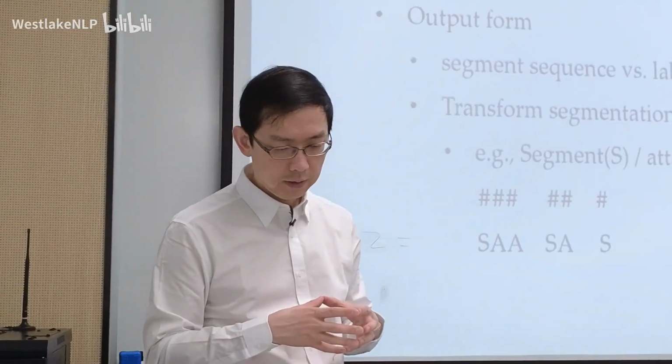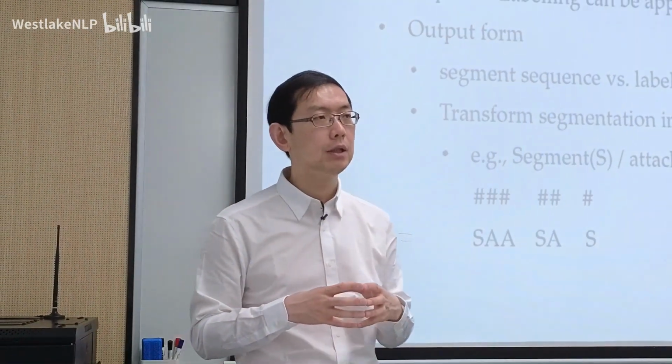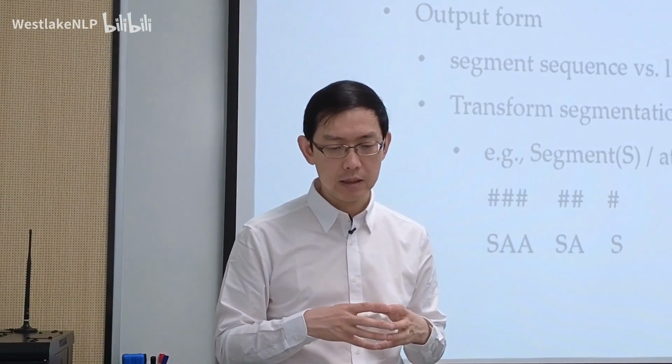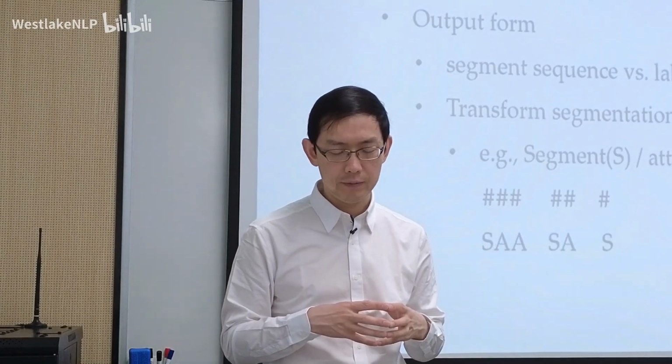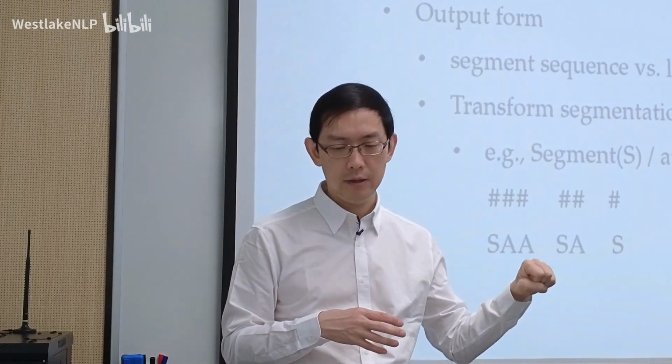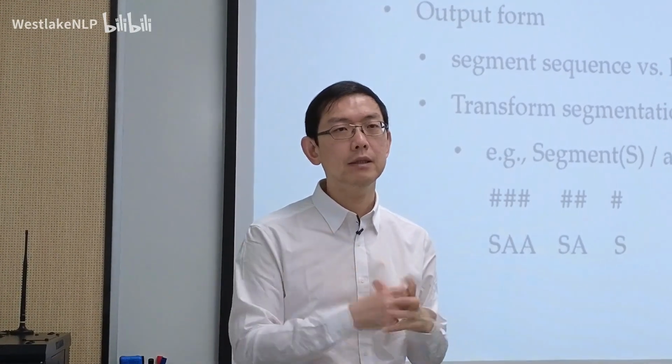So I give you an example where each sharp means a token or a character. The sequence has 6 tokens or characters, right? And the first 3 makes a segment, the middle 2 makes 1, and the last token makes a segment.